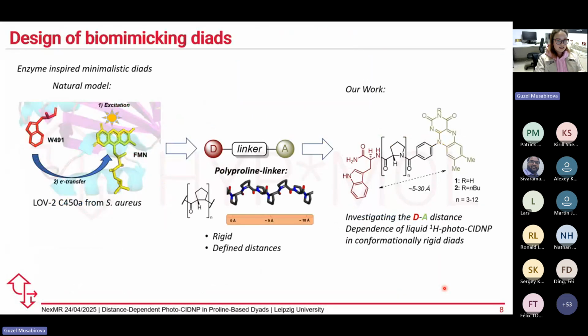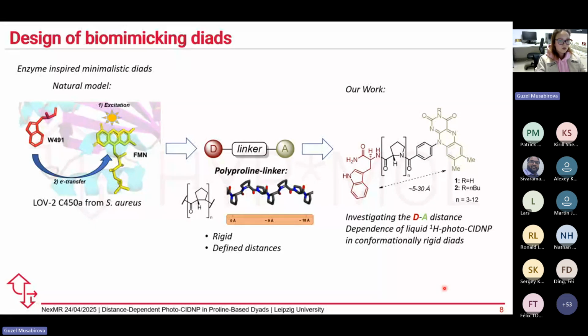Based on everything we've seen in natural systems, we decided to create our own minimalistic model dyads inspired by enzymes. The idea is to mimic the donor-acceptor architecture which we see in flavoproteins, but in a controlled synthetic way.